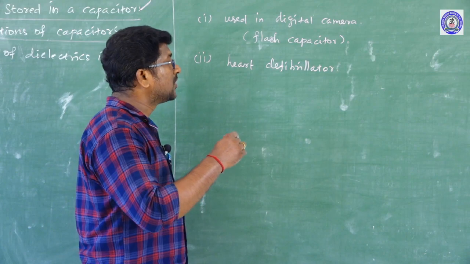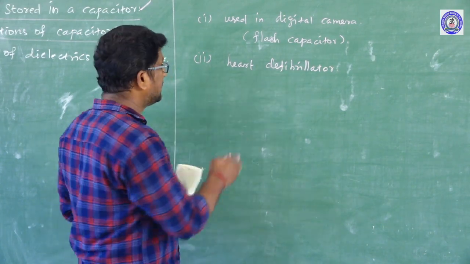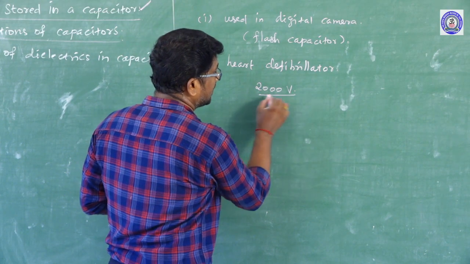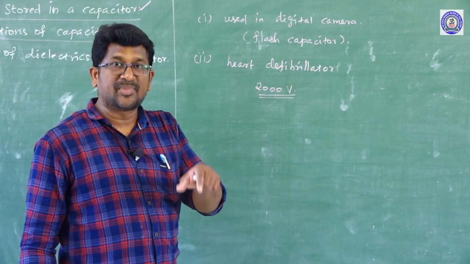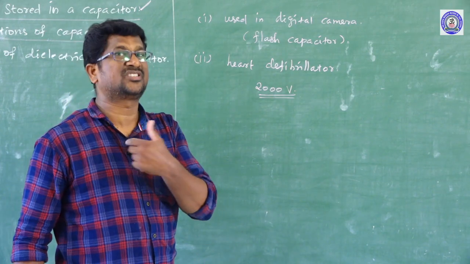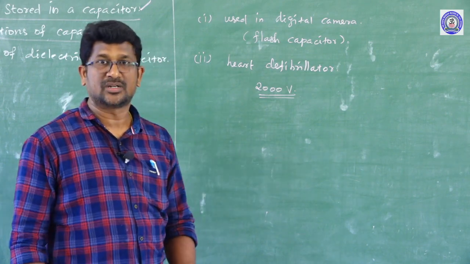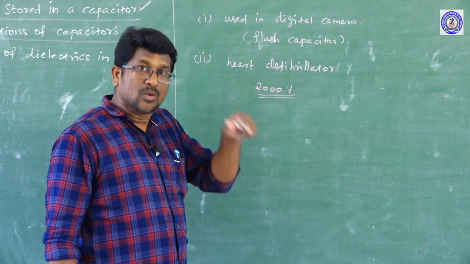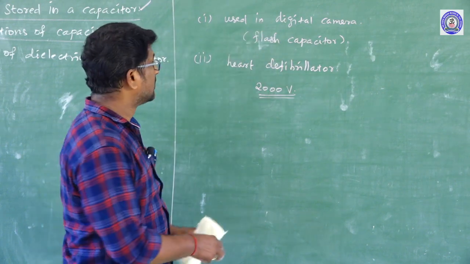The amount of electrical energy supplied by the capacitor in this device is of the order of 2000 volts. Nearly 2000 volts is supplied to the chest of the patient in order to recover the normal functioning of the heart.